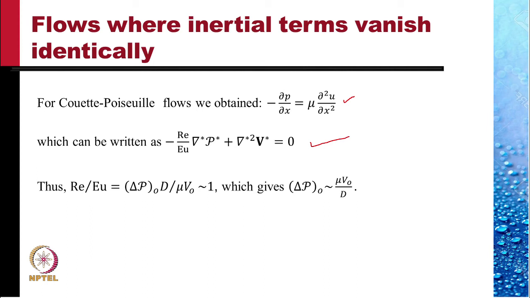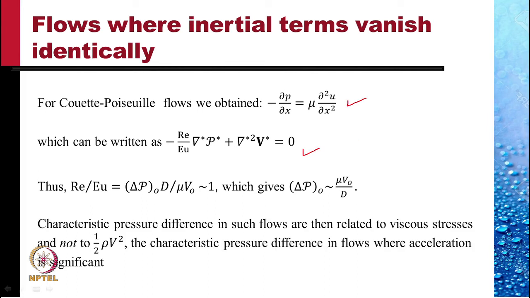Thus, Reynolds number times Euler number is of order 1 and delta P naught is of order mu V naught by D. The characteristic pressure difference in such flows is then related to viscous stresses and not to 1/2 rho v square, the characteristic pressure difference in flows where acceleration is significant.